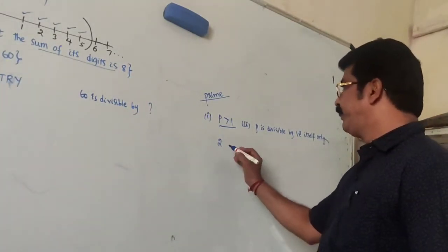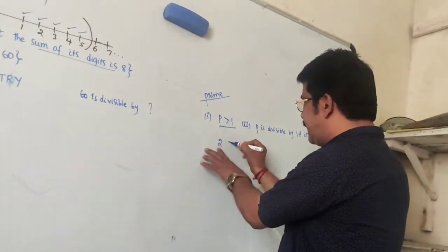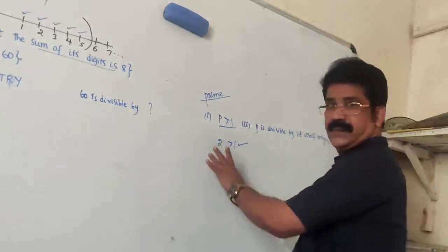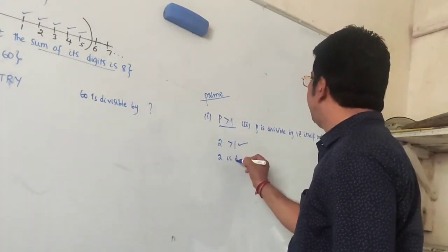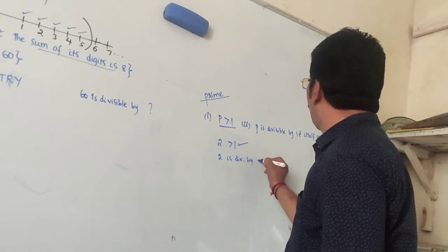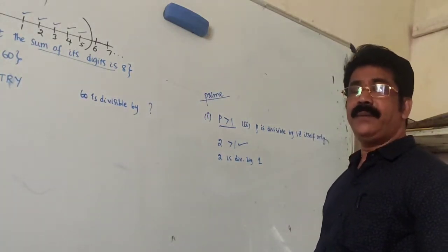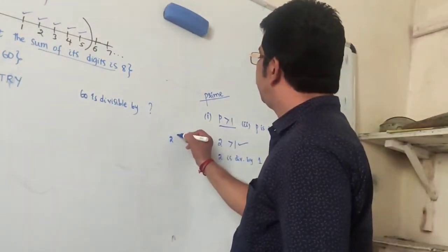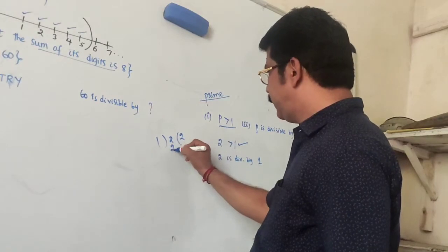Okay, 2. First condition. Is it greater than 1? Yes. Next condition. 2 is divisible by 1. Yes. Divisible by means what? 2 divided by 1. 1 2s are 2.